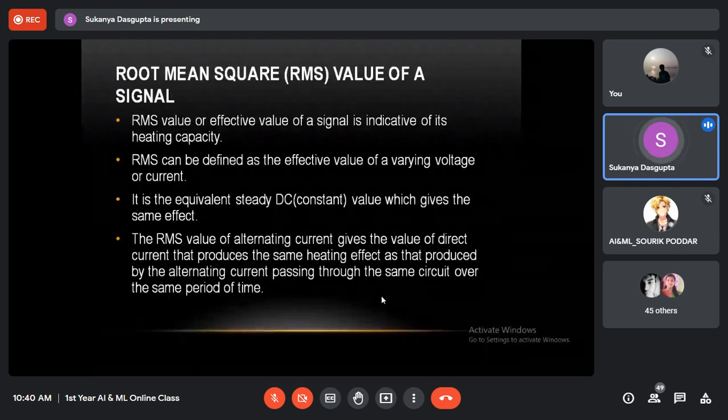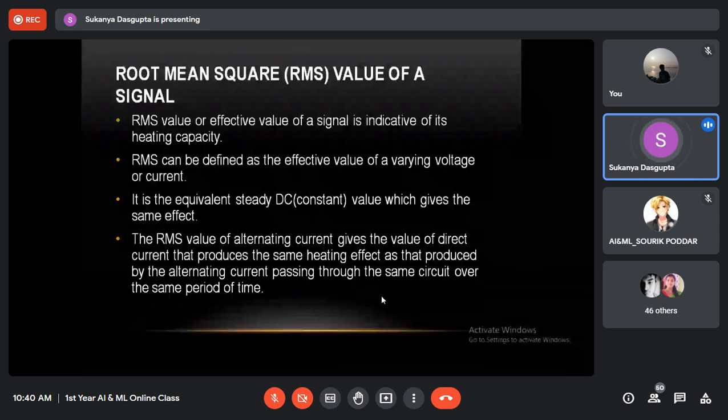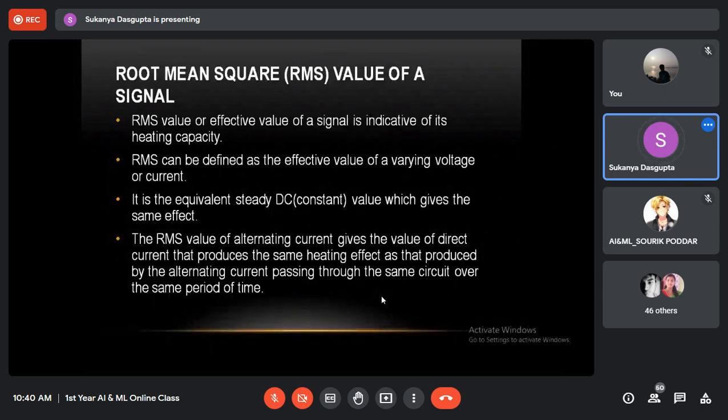That means the RMS value of any AC quantity, either voltage or current, will give the same equivalent heating effect as that produced by the DC current flowing through some other circuit over the same period of time.